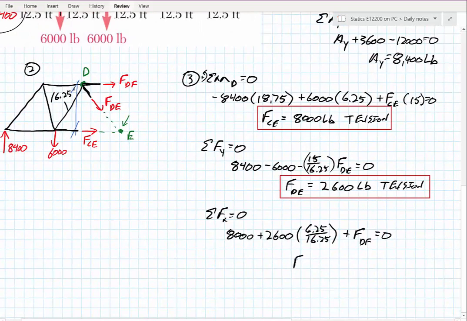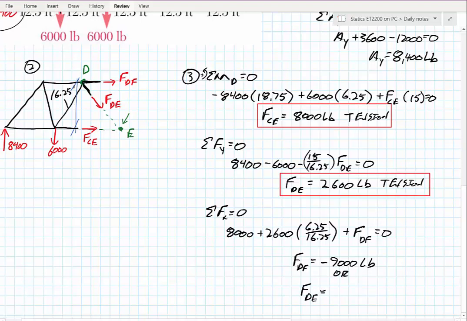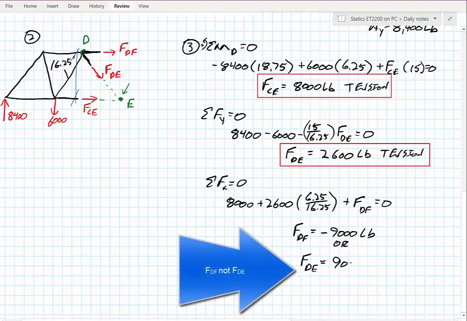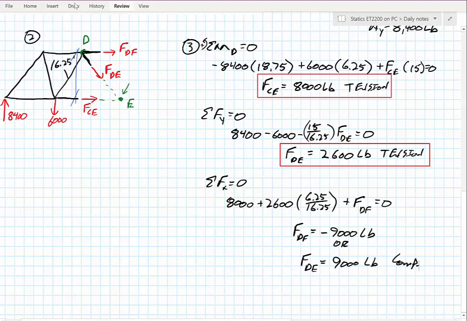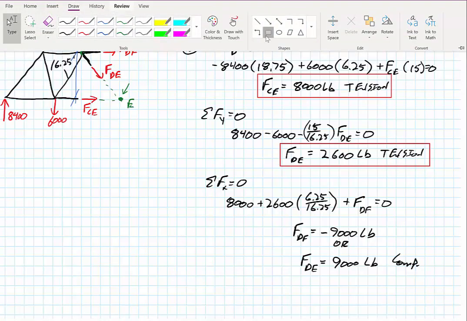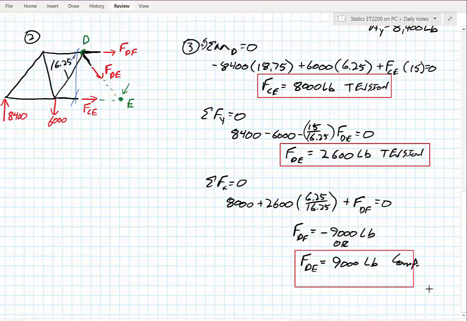And from that I can get FDF that's equal to negative 9,000 pounds, or since I got a negative, I know that I guessed my direction wrong. It's actually in compression. So I would rewrite this as 9,000 pounds compression. It wouldn't really make sense to leave it as negative unless whoever is reading your work understands that negative sign just means compression. But I hope you found that helpful, and I look forward to talking to you soon.